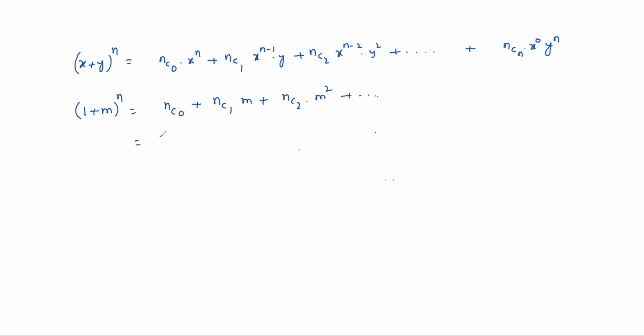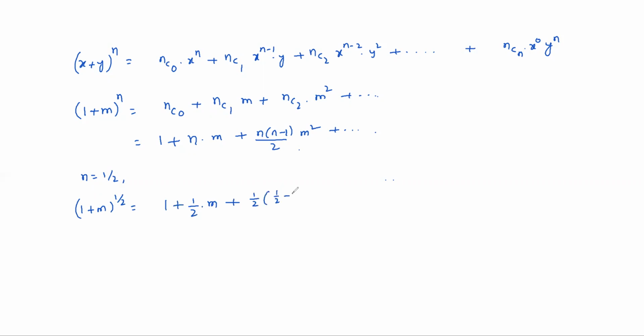That equal to nc0 is 1, nc1 is n into m plus nc2 into n into n minus 1 by 2 into m square. Okay, like this. So if n equal to half, then 1 plus m to the power of half equal to 1 plus n is half m plus n is half means half into half minus 1 by 2 into m square and so on.